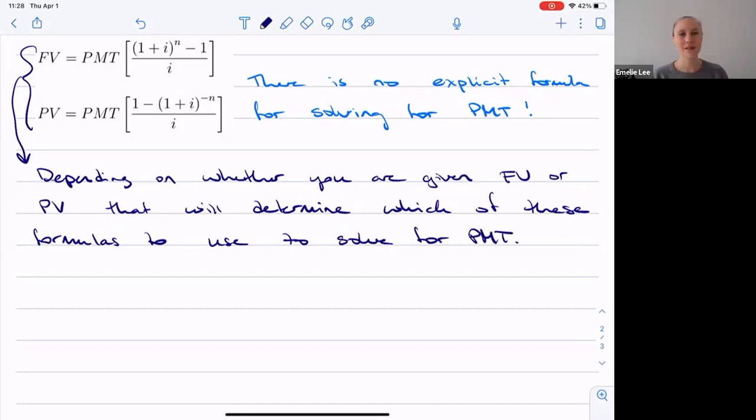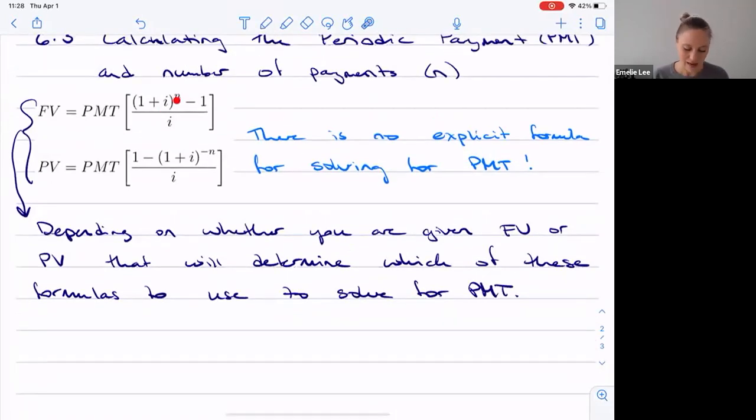Right. If you have I and N, or if you're able to solve for I and N more likely, and you have the future value, then you have everything you need to rearrange and solve for the payment amount, right? Versus if you have the present value, same deal, you can rearrange and solve for the payment amount.